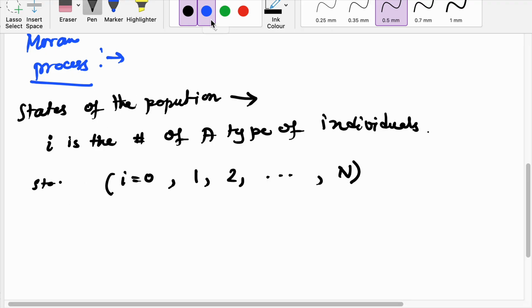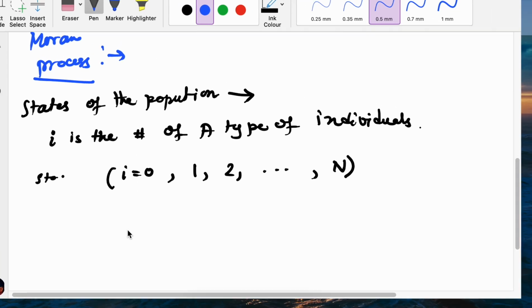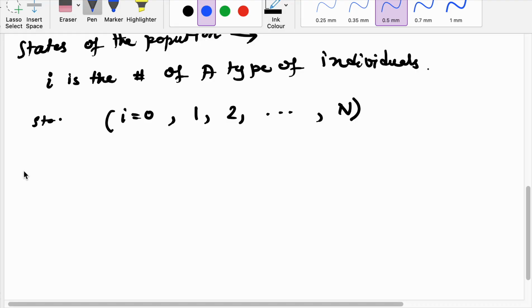Now in this population what could happen? Suppose there are i individuals of A type in the population.